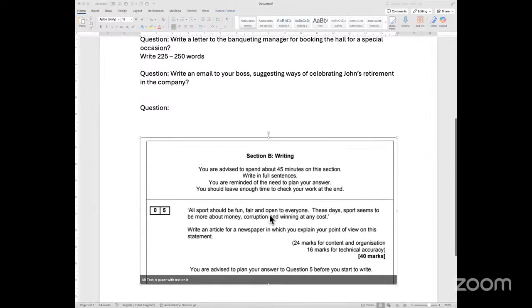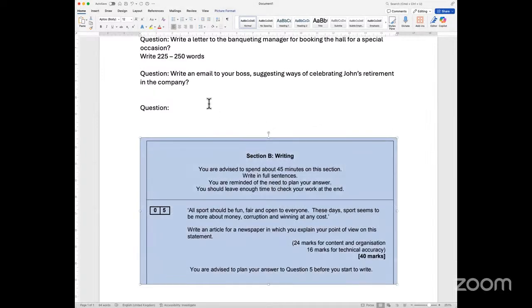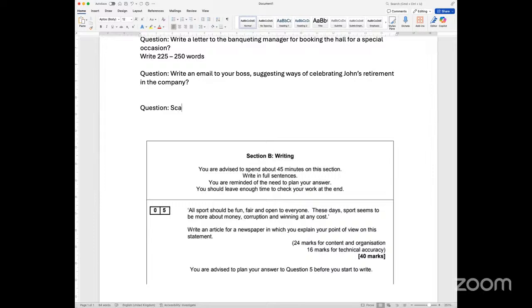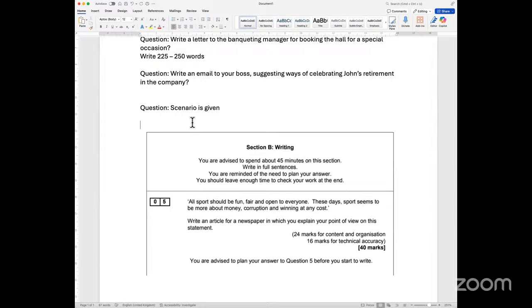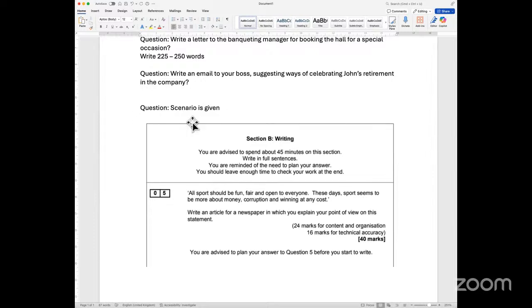It will say, write an article. There'll be some sort of background or a scenario given. Here in this case, it says all sports can be fun, fair, and open to everyone. These days, sports seems to be more about money, corruption, and winning at any cost. Write an article for a newspaper in which you explain your point in view of this statement. So this is a scenario which is given, and you'd be asked to write an article.